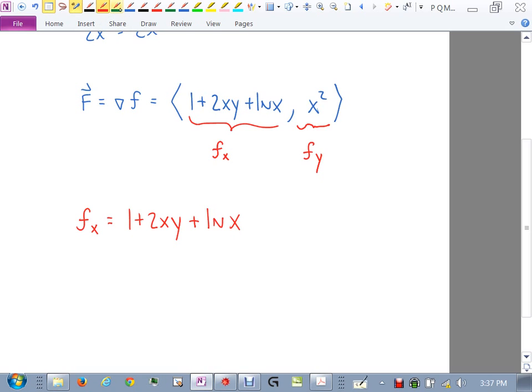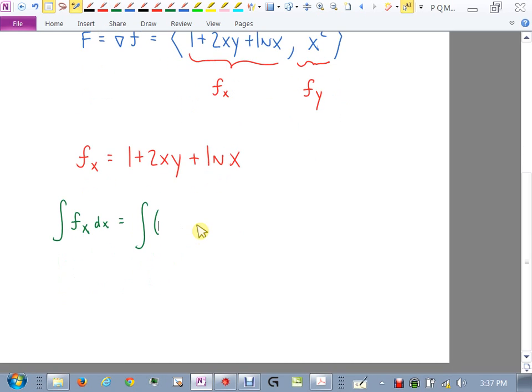So I'm going to do the integral of the partial of f with respect to x here with respect to x. And then over here, integral of 1 plus 2xy plus natural log x with respect to x. Now on the left side, what do I get? Little f, right? Little f, which is what we're trying to find, isn't it?